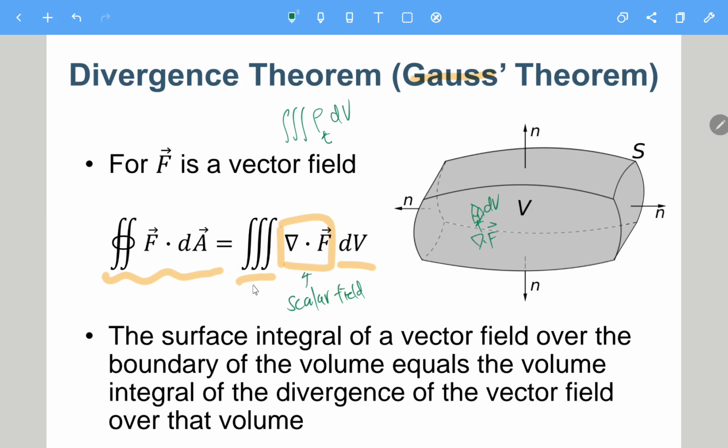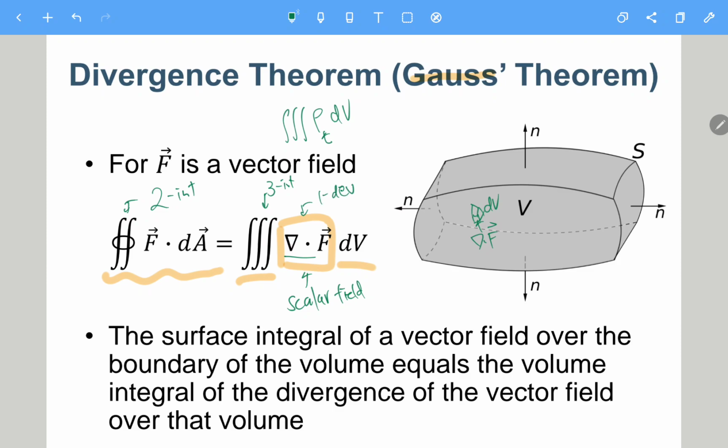So it is actually like this. It looks horrible. What does it mean? On the left side, it is a triple integral. On the other side, this is a double integral, and this is a triple integral. Then for the divergence, it looks like one derivative.